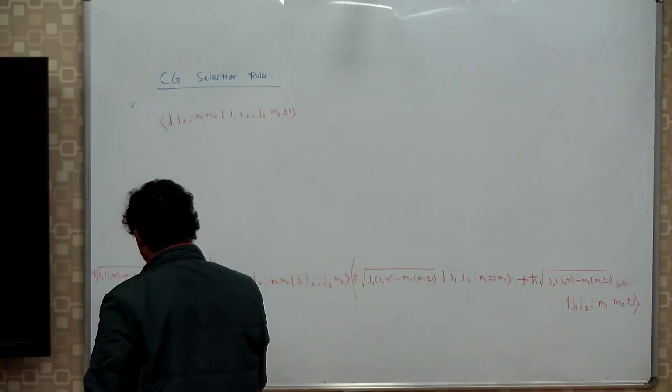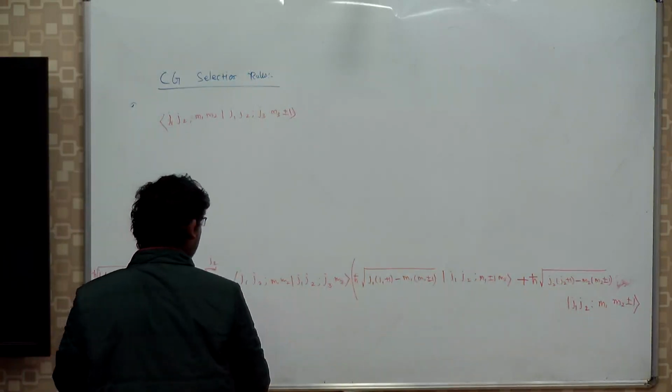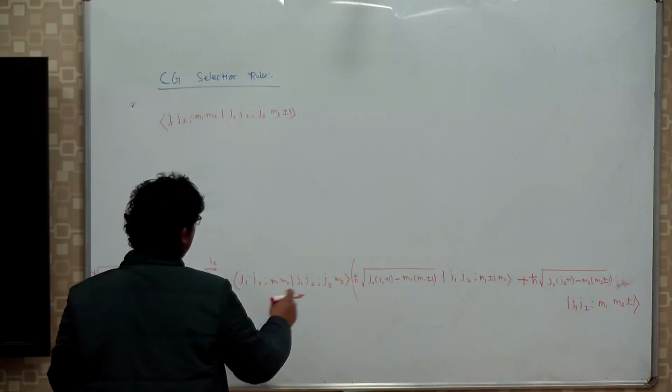Take the inner product, then you divide this factor on both sides.